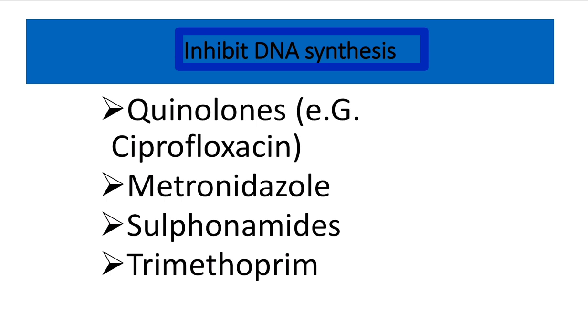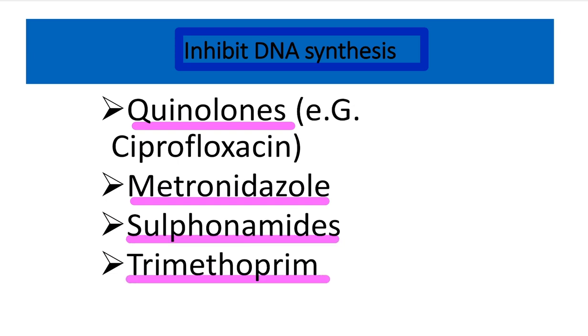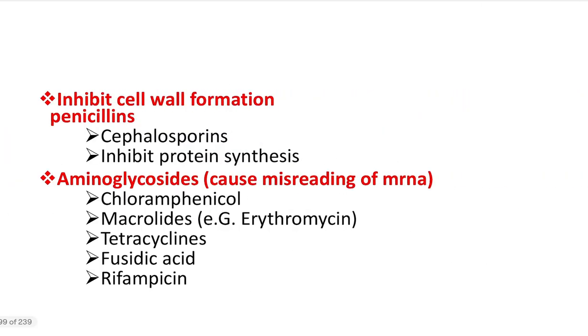First of all, the quinolone group: ciprofloxacin, moxifloxacin, ofloxacin, then metronidazole, sulfonamide, and trimethoprim. So these are the DNA synthesis inhibitors. Again, quinolones, metronidazole, sulfonamide, trimethoprim: they inhibit DNA synthesis.